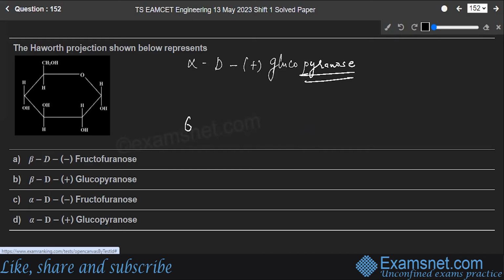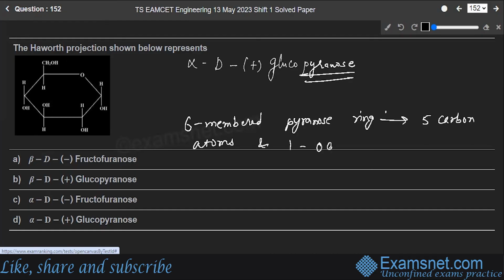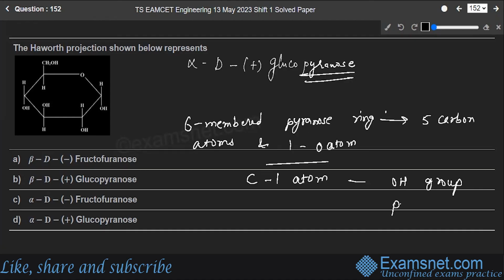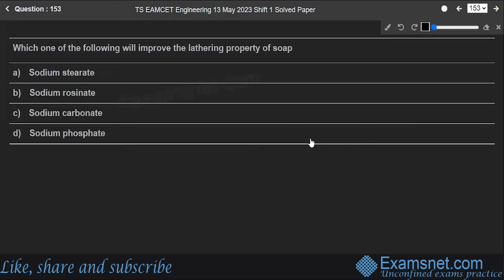It is having a 6-membered pyranose ring having 5 carbon atoms and 1 oxygen atom. It is alpha because at the C1 atom, you have the hydroxyl group present downwards. So this is the right answer, option D. Hope you understood this. Next is question 153.